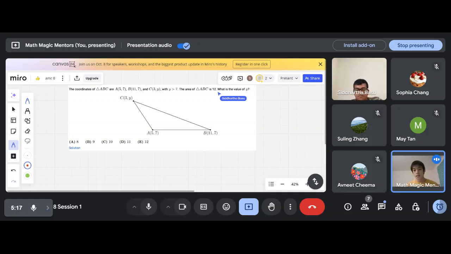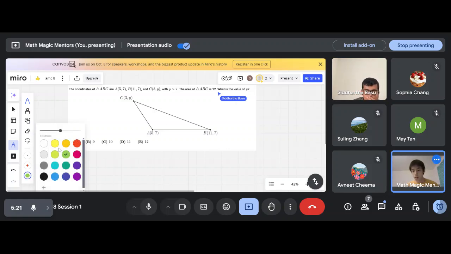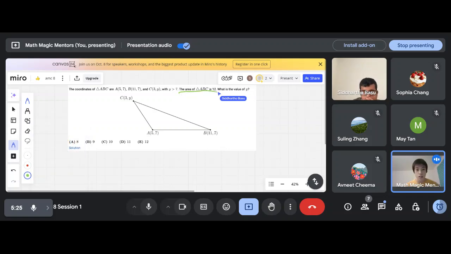For instance, when they give you that the area of a triangle ABC is 12, usually an experienced contestant will think of the various area formulas that exist.